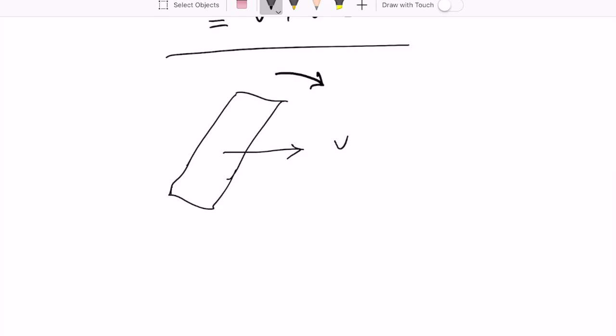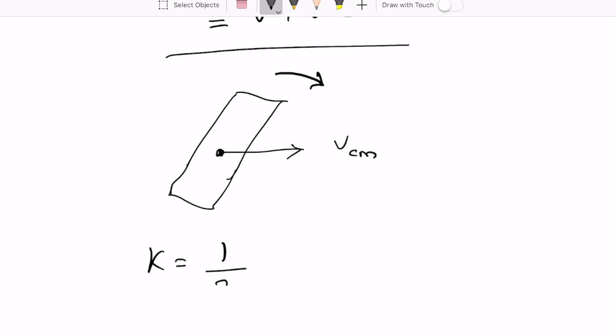You can prove that the kinetic energy of this object can be written, no matter how complicated its motion is, in two parts. One is the kinetic energy due to translation. Let's say that this is the center of mass of the object, and the center of mass is moving with velocity VCM.